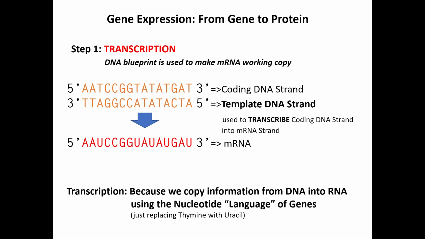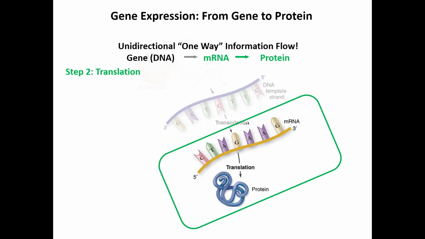We just transcribe it into, well, let's say, a different dialect by replacing thymine in the DNA code with uracil in the messenger RNA coding. So now we're good to go with step number 2, which is known as translation, where we use the messenger RNA molecule that was prepared in the transcription step to synthesize a protein.